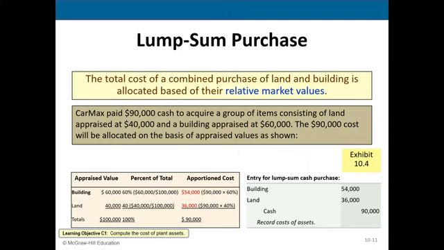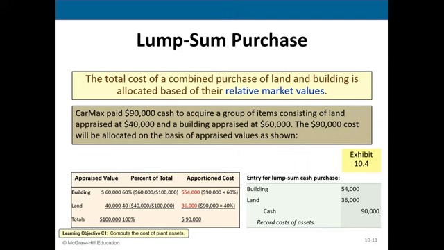Since I'm paying $90,000 in a lump sum, the apportioned cost was going to be $54,000. How we got there? We took the $90,000 lump sum times the 60%. You see?